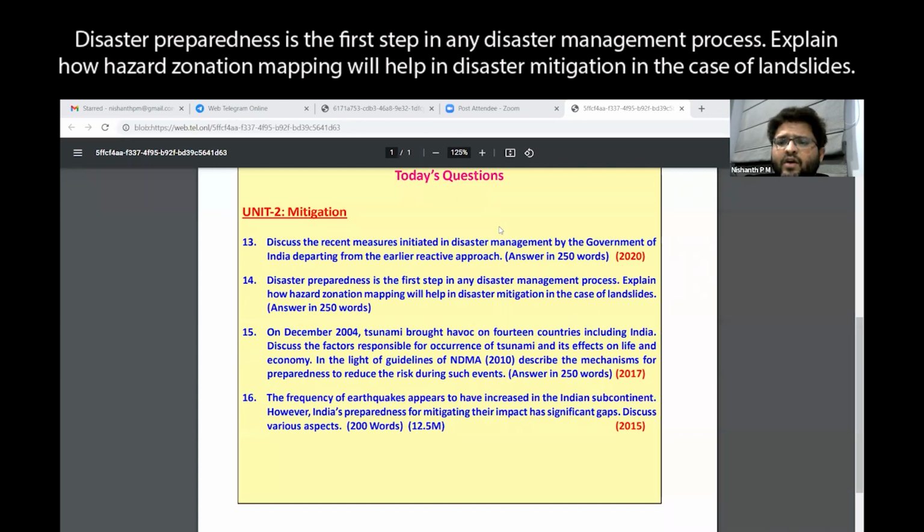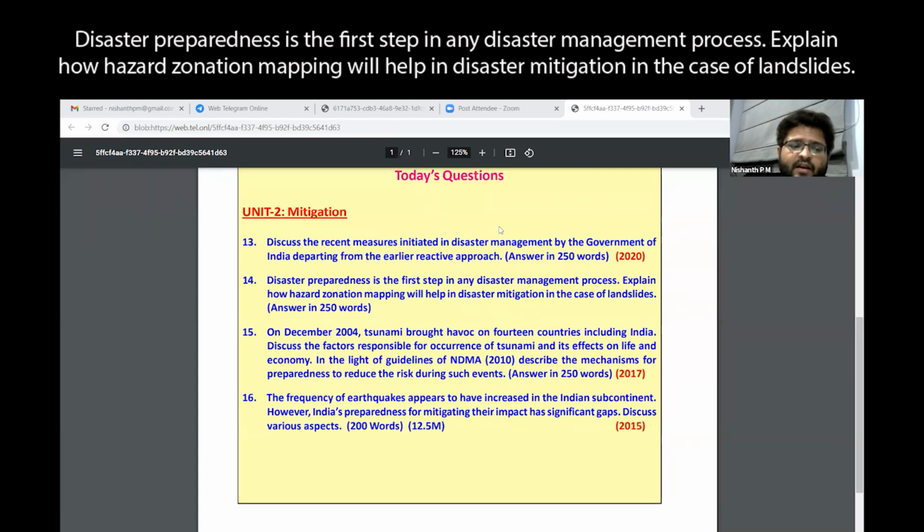Then for this zonation, you need a proper plan for mapping all these disaster-prone areas, and we need a proper communication system. Especially, the major drawback with landslides is the loss of the communication system. So having a proper communication system in place will help you reach out to people impacted by these landslides.